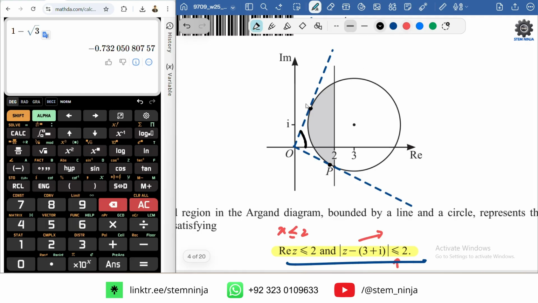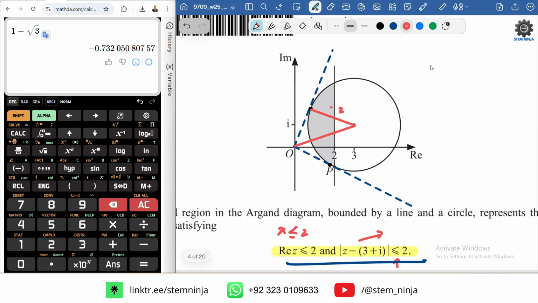So what do we know of this point up till now? We know that this is the radius, and this radius is 2, right? We know the distance to this center, right?